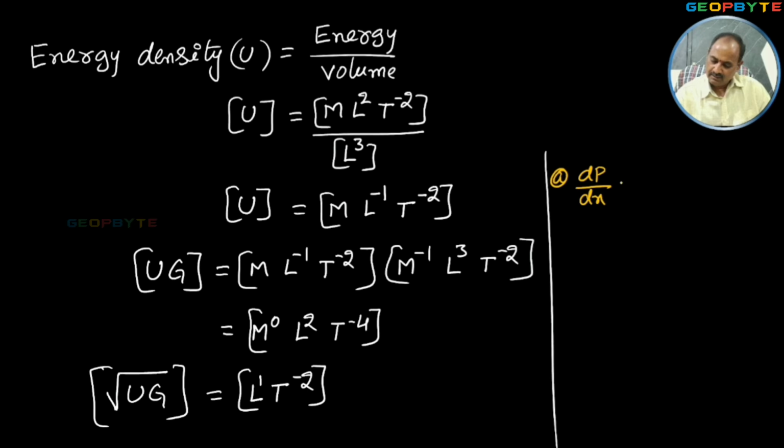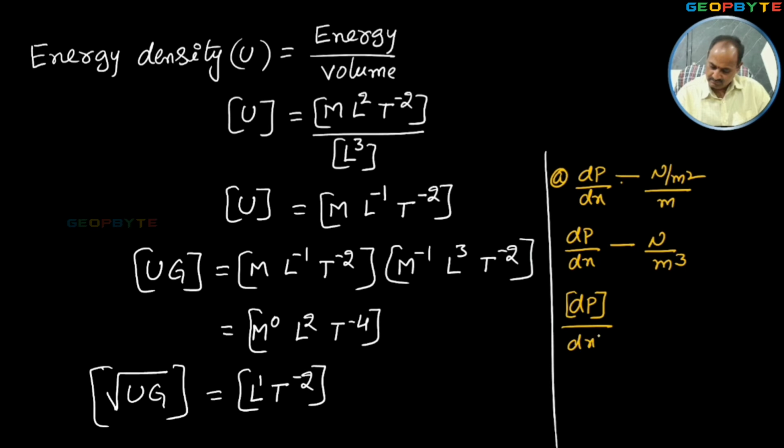Here, dP is in Newton per meter square, dx is in meter. So dP by dx unit is Newton per meter cube. Then the dimensional formula for dP by dx.